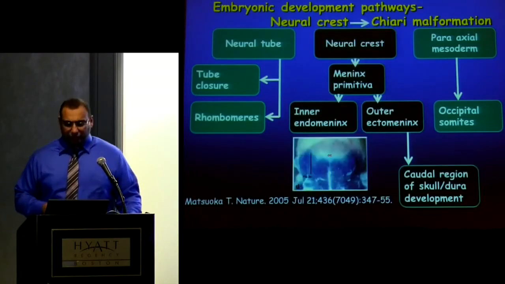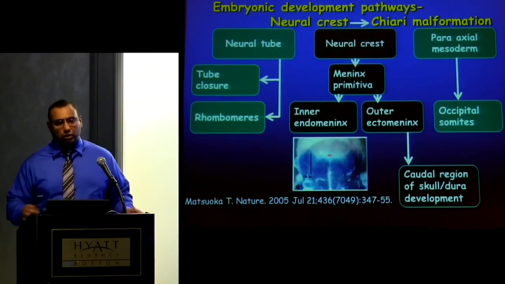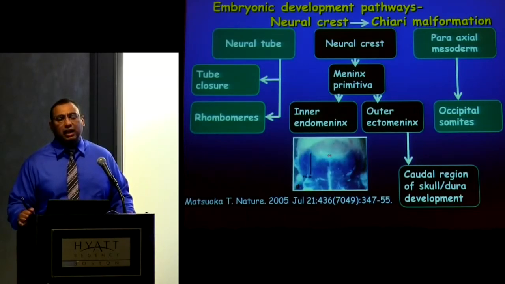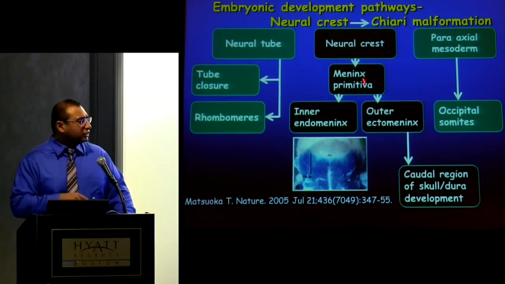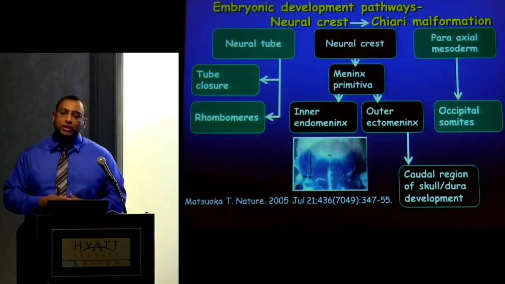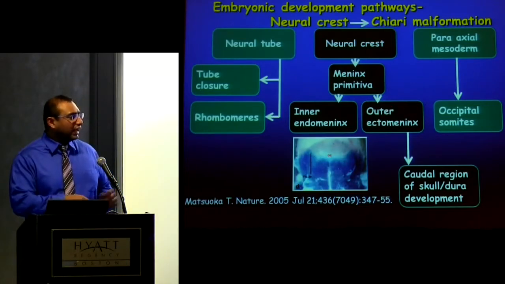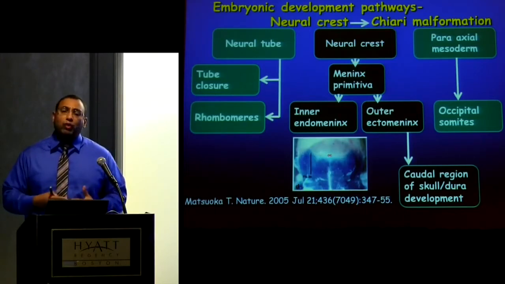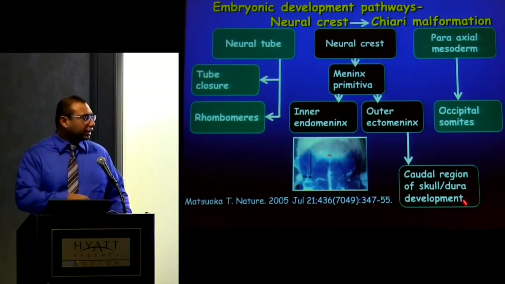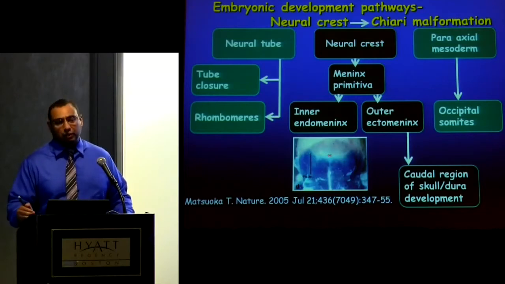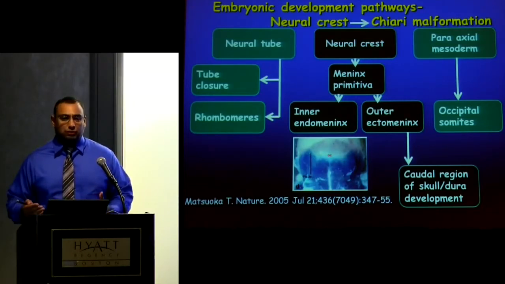But now, with the recent ability to tag tissues and identify the origin of a particular cell line, it seems that neural crest is the origin not only for the ectomeninx, which provides the dura, but also provides the bone or skull components that are part of the Chiari malformation. So now an embryogenic hypothesis becomes more feasible because it's really a common origin.